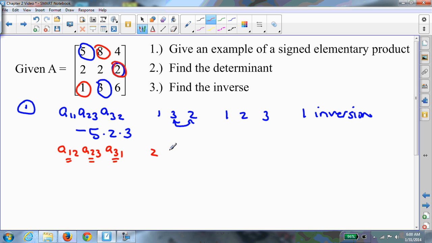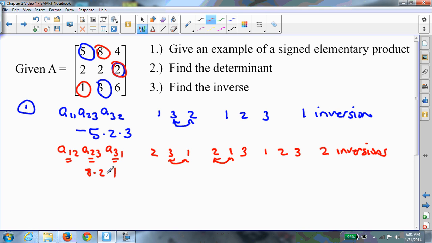So the columns are 2, 3, and 1. If I were to reverse these, this would be 2, 1, and 3. And then if I reverse these, it would be 1, 2, and 3. So this has 2 inversions. And an even number of inversions, I'm going to give a positive value to. So this one would be 8 times 2 times 1.